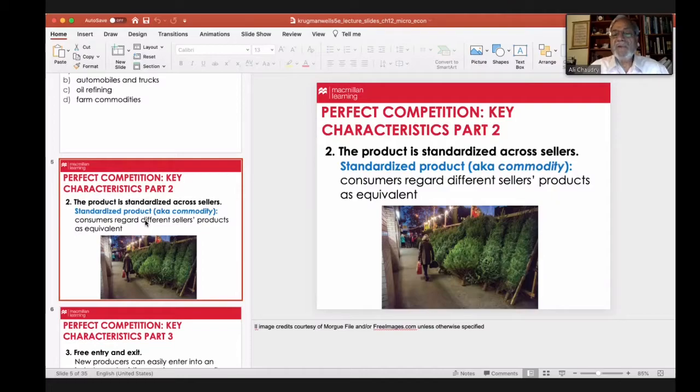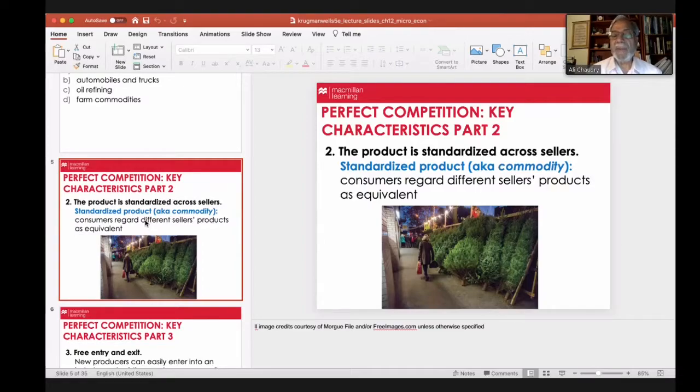And it is the view of the consumer that matters, not what the producers think they are doing, that they are so different from each other. So in this case, as long as the consumers view the product being offered as the same, we consider that to be a competitive market.